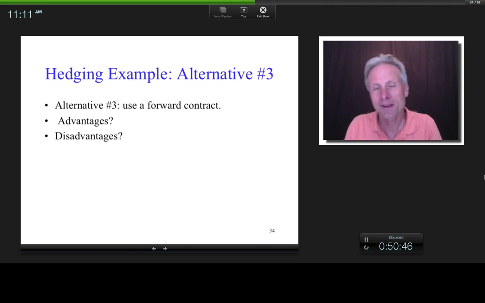So great, but what's a disadvantage of a forward contract? Do you remember? This would rely on your understanding of the previous lecture. Well, to engage in a forward contract, typically what's the minimum amount for a single contract? $1 million, right?